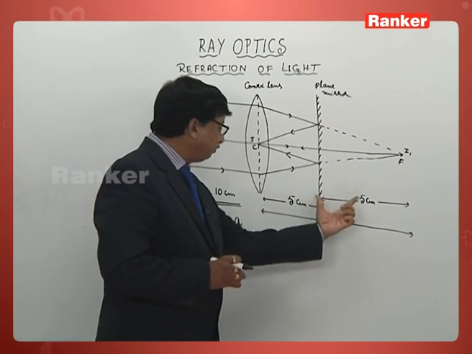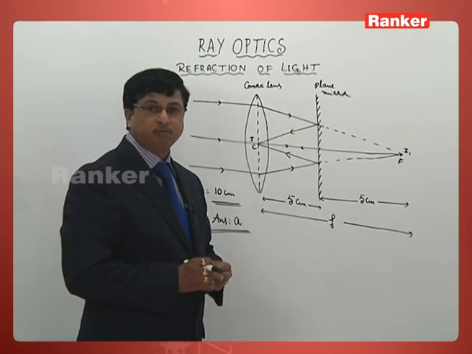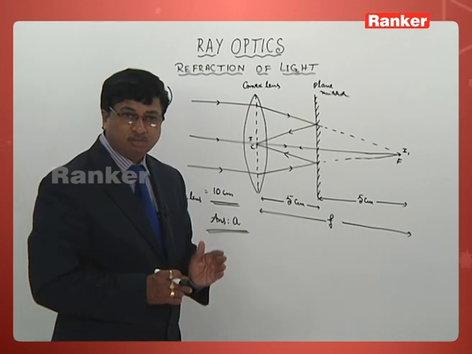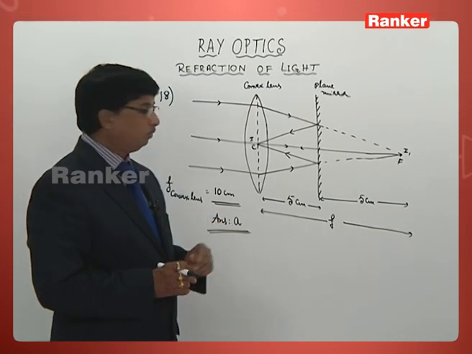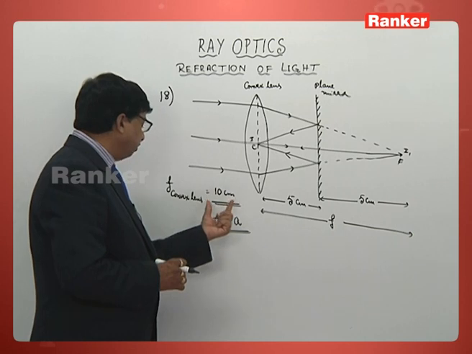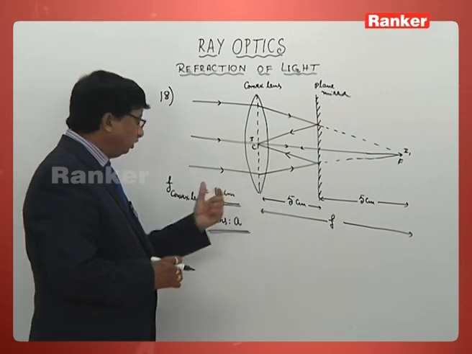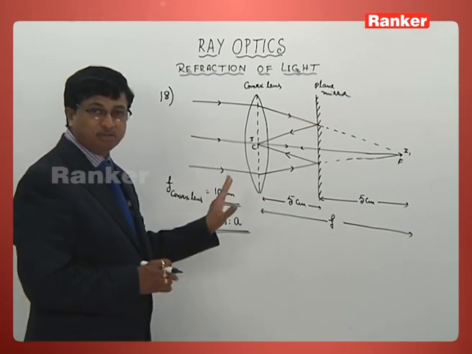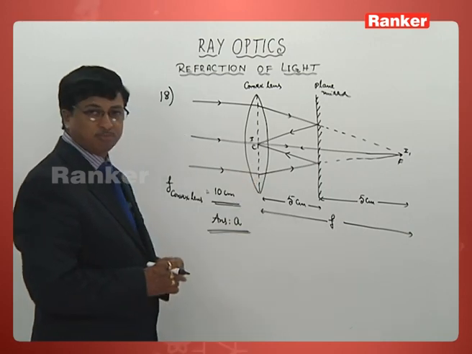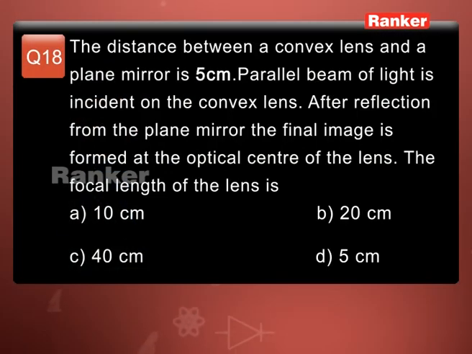The sum of these two now should become the focal length of that convex lens thereby taken. So f can become now 5 plus 5, that is 10 centimeter. It should be 10 centimeter according to the calculations. So the correct option for this one is the first option, which is A. That is problem number 18 what we have.